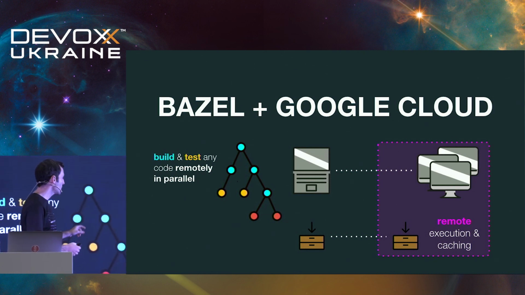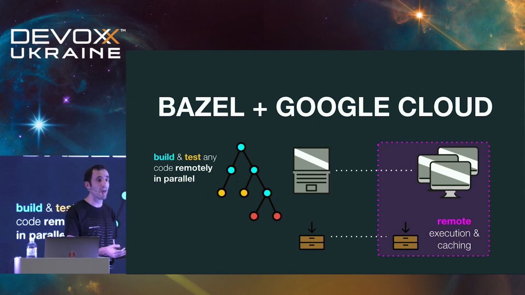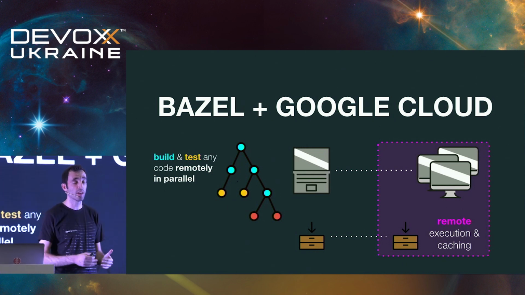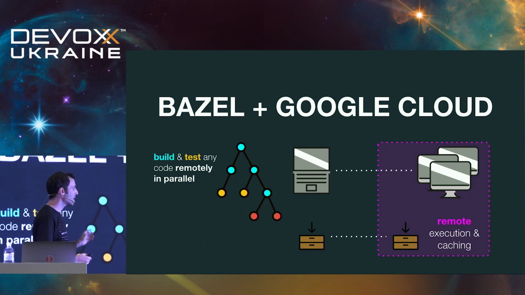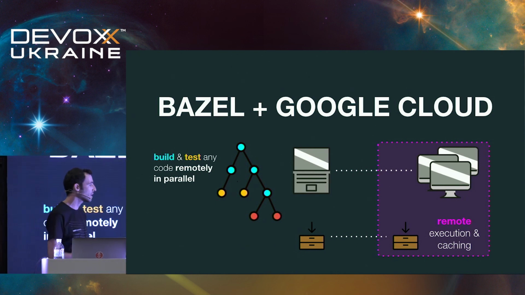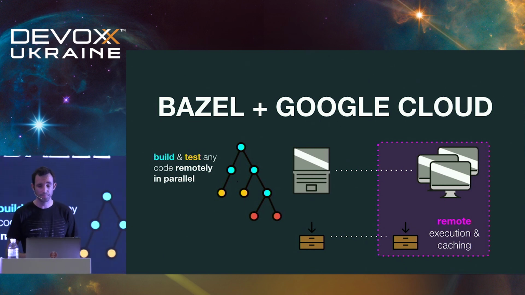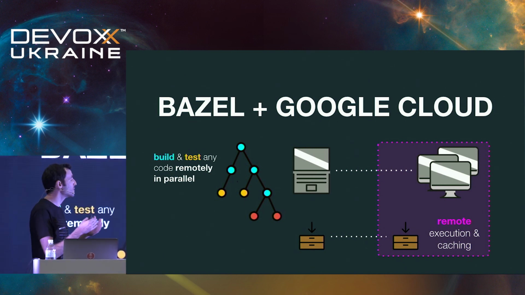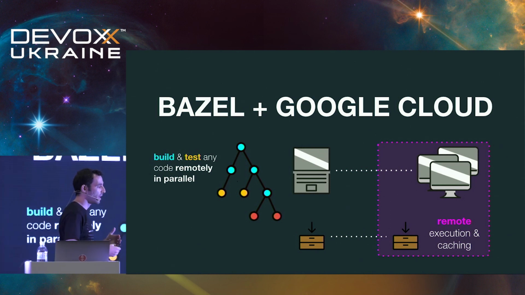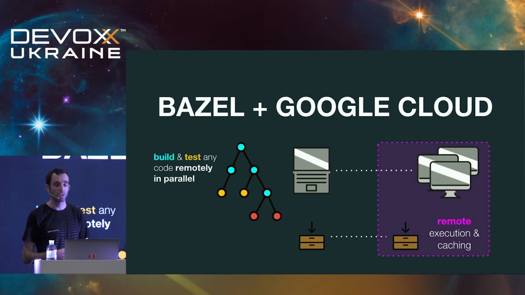What does that mean? Every single build unit has one action, an action to compile, an action to run any test, and you can send each one of these actions to be executed remotely on a worker farm. Each action runs on a different worker, so you're not limited by the number of cores on your local machine or even on one single CI server machine.